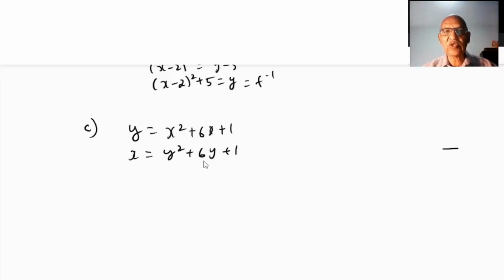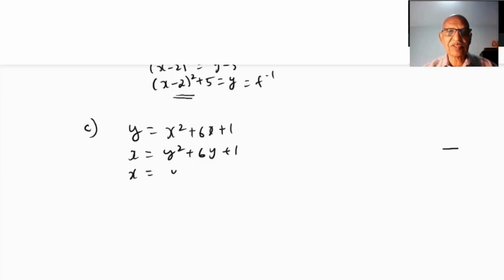As we see, I cannot isolate the y here because there are two y's: this is y squared, this is y. So to isolate it, I have to change this to vertex form.